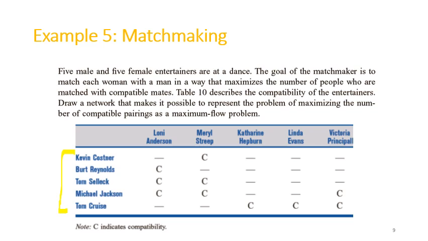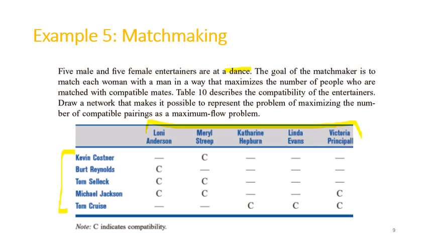Actually, I will show them in the next slide. And then you also have 5 female celebrities. And then you try to pair them up to maximize the number of pairs at a dance party.